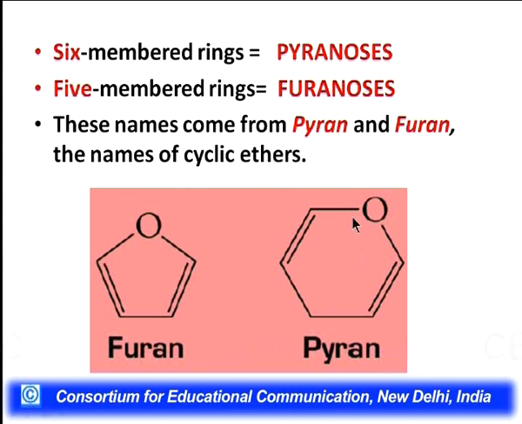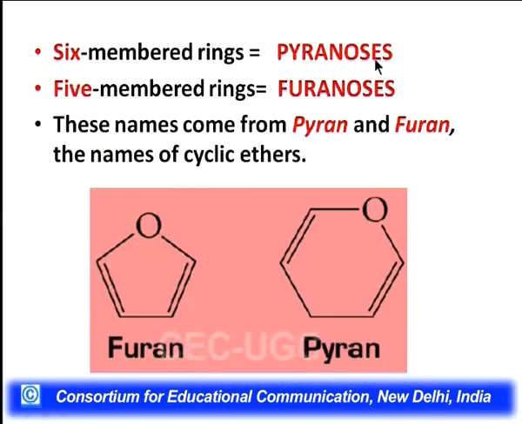This is because they are analogous to the cyclic ethers, pyran and furan. Pyran is a 6-membered cyclic ether in which oxygen is the heteroatom. And since aldohexoses like glucose form a 6-membered ring, we call it a pyranose. The suffix -ose indicates that it is a carbohydrate.